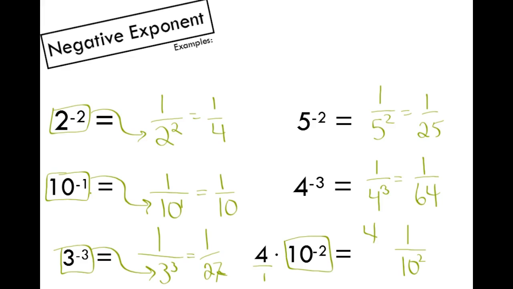So 4 over 1 times 1 over 10 squared. Well, that's just 4 times 1 is 4. You just multiply straight across. And then 10 squared is just 100 times that 1, still 100. So 4/100ths. And I can reduce that one, kind of running out of room, but it's the same as 1/25.